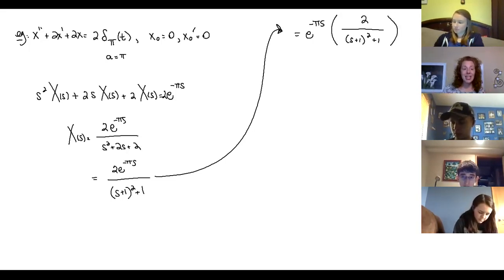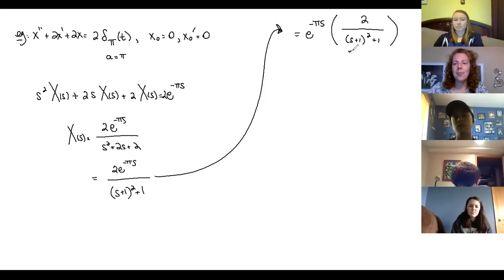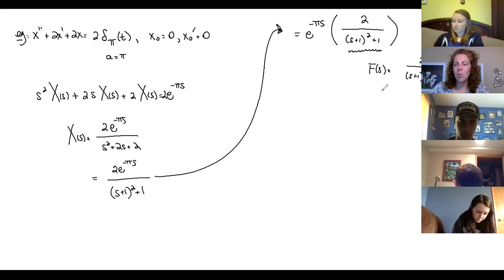The second thing is an s plus 1 inside of here instead of an s. Let's deal with the inside part first. So this is my capital F of s, 2 over s plus 1 squared plus 1.